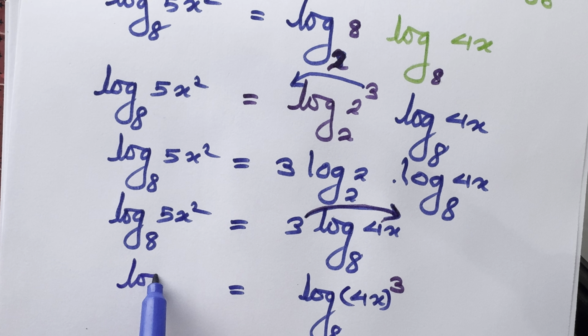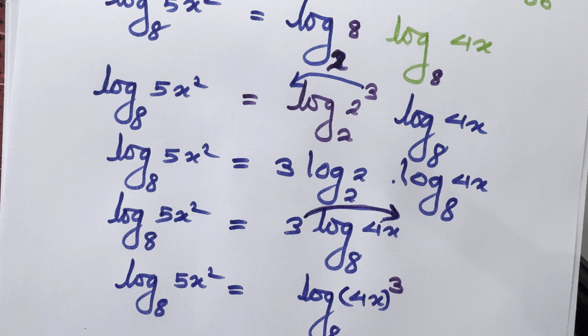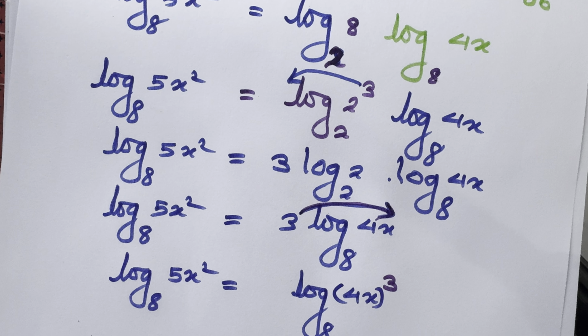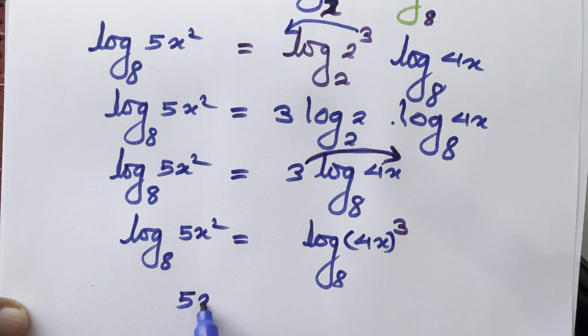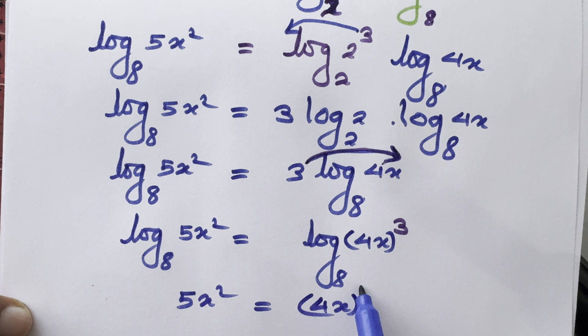Now if the bases are the same, then the numbers must be equal. So we can say that 5x² equals (4x)³.